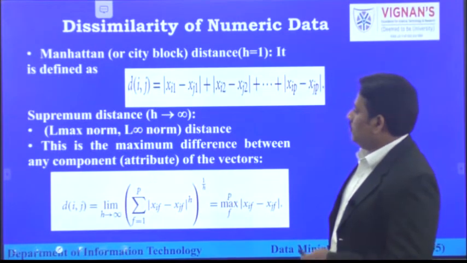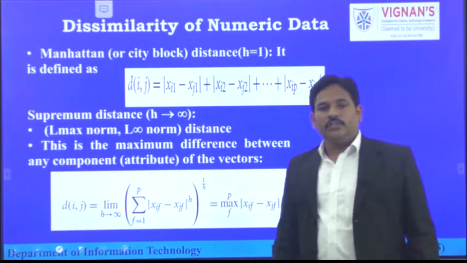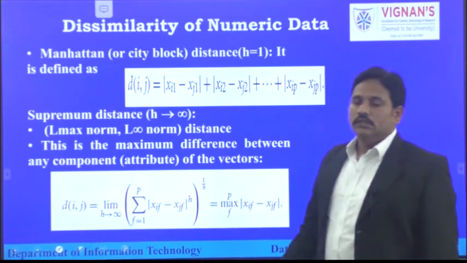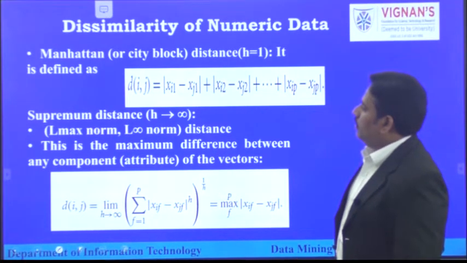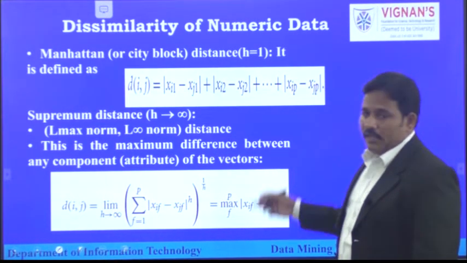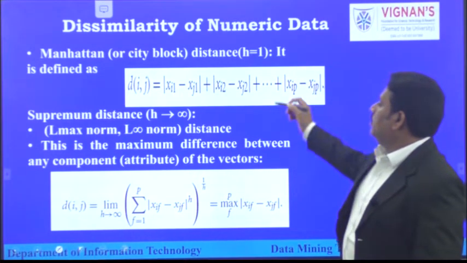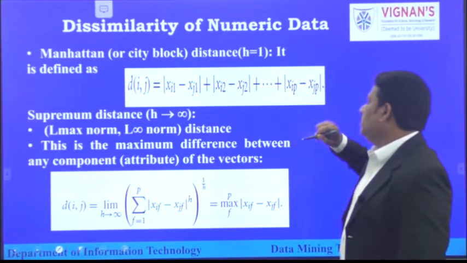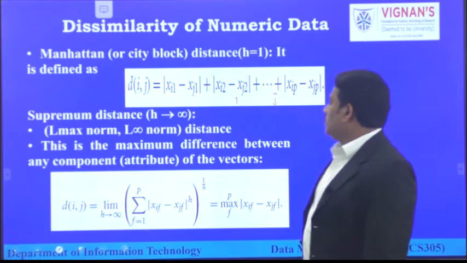Let us take an example of another one. In addition to Euclidean distance, we can go for either Manhattan distance or we can go for supremum distance. The Manhattan distance is also called city block or city distance. Here, how is the distance going to be measured between the given two data points, that is i and j?